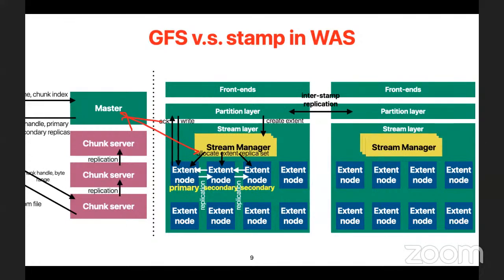What coordinates this is actually the partition layer, which tries to coordinate the inter-stamp replication. As you can see, there is no restriction saying where the other stamp needs to be located. So it could be in another data center on another continent. In this way, you can imagine that Microsoft can achieve geo-replication, which better helps disaster recovery.